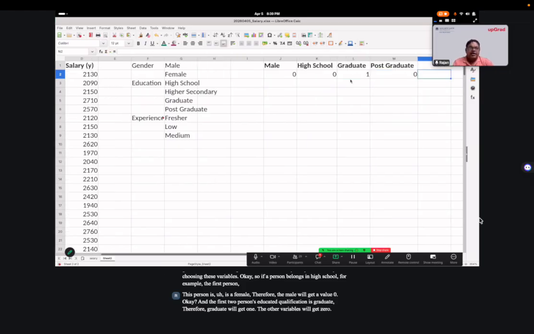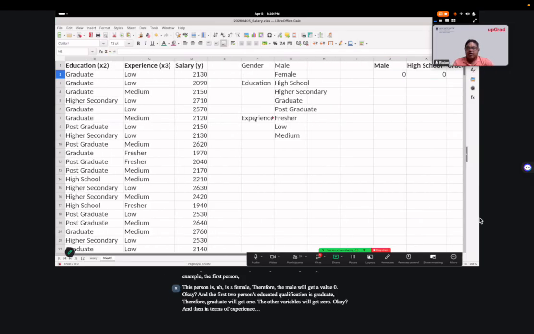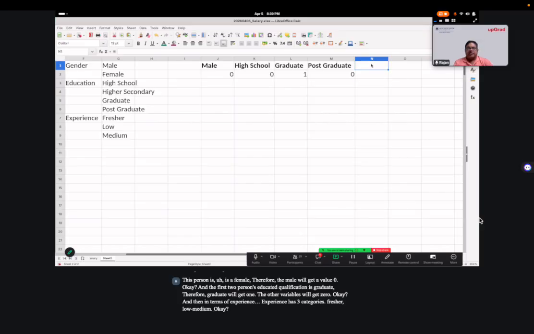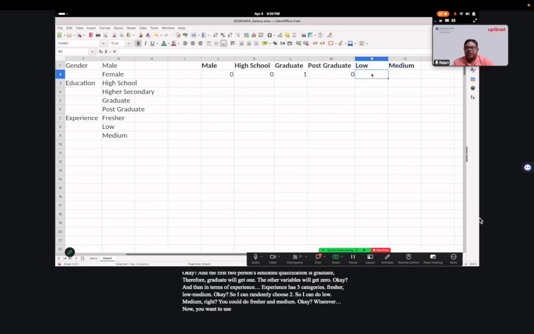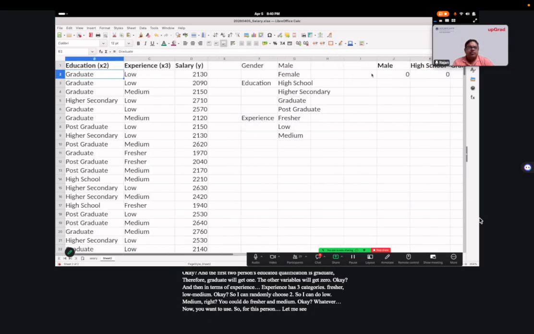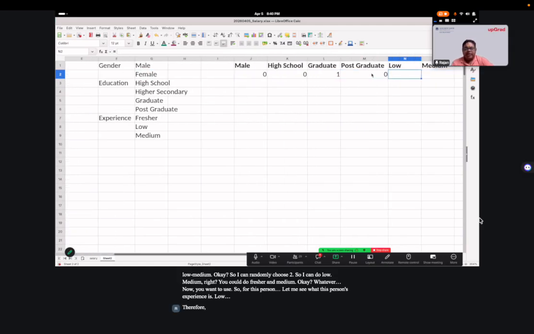In terms of experience, there are 3 categories: fresher, low, medium. I can randomly choose 2, so I can do low and medium. You could do fresher and medium, whatever you want to use. For this person, the experience is low, therefore low will get 1, medium will get 0.